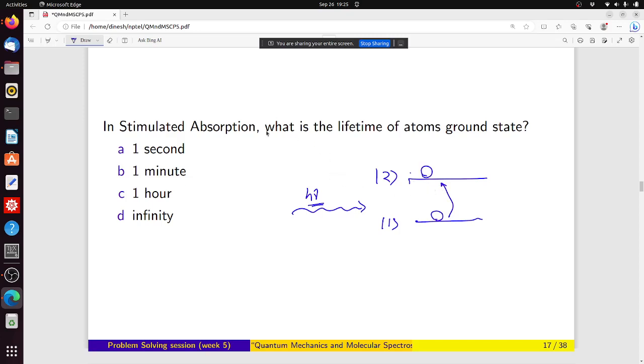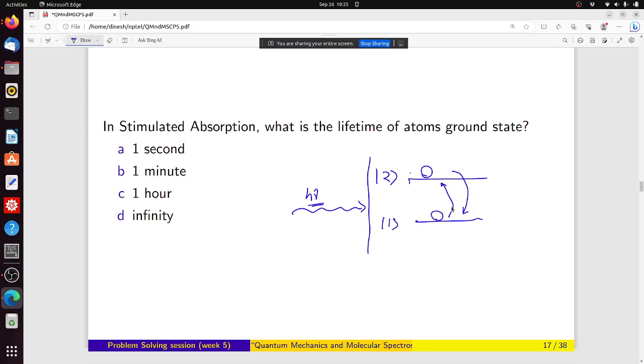So we are asked what is the lifetime of the atoms in the ground state. So the particles staying in the ground state, what is the lifetime? If no energy is provided, what will happen? The particles prefer to stay in the ground state. If you don't supply any energy, they spontaneously decay to the ground state and like to stay there.